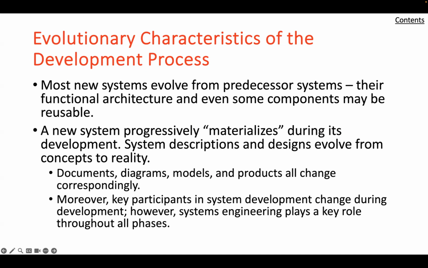The section system materialization describes a model of how a system evolves from a concept to an engineered product. The section, the participants, describes the composition of the system development team and how it changes during the life cycle. The section system requirements and specification describes how the definition of the system evolves in terms of system requirements and specifications as the development progresses. Okay, let's now talk about those.